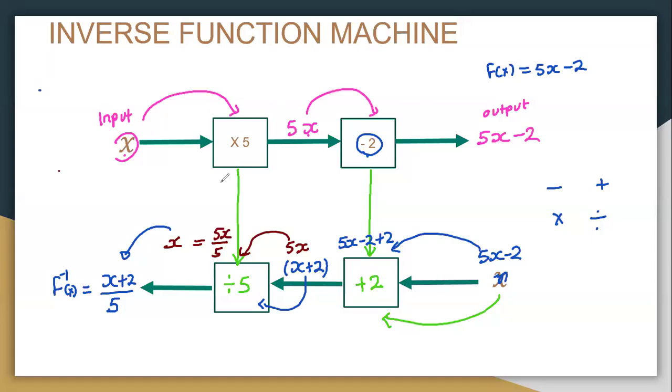So that's what this machine does. It shows you that when you get this one and you put it back inside here, then you'll get there. Okay. So members, are we good to continue? I hope it is clear.